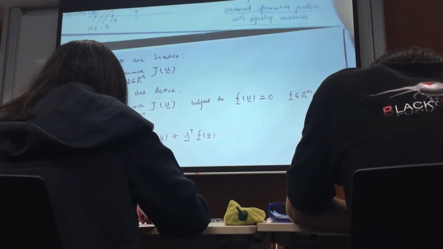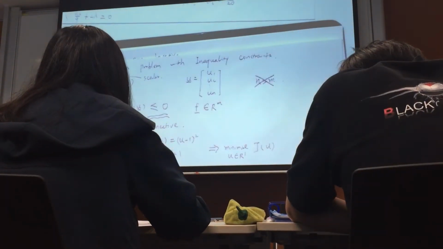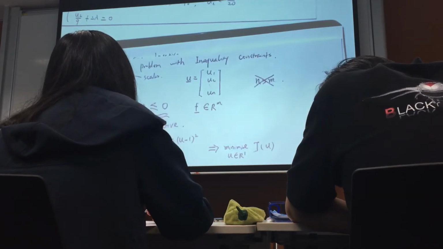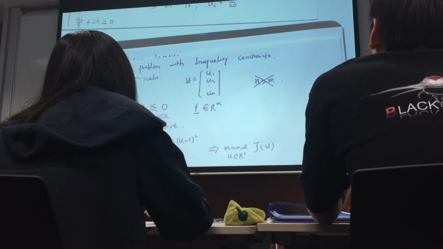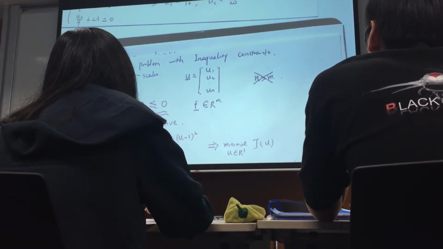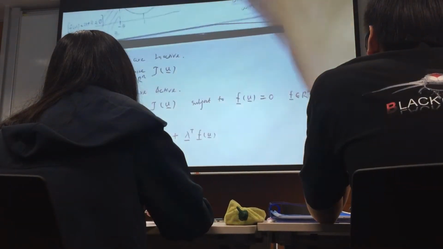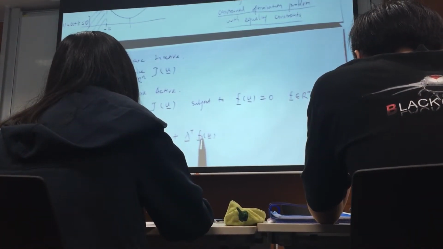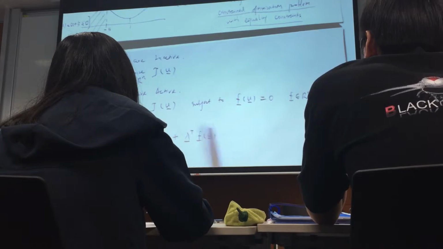But remember that here the F(U) are inequality constraints. So they are not equal to 0, but smaller than or equal to 0. So we put all these constraints into the Hamiltonian function.